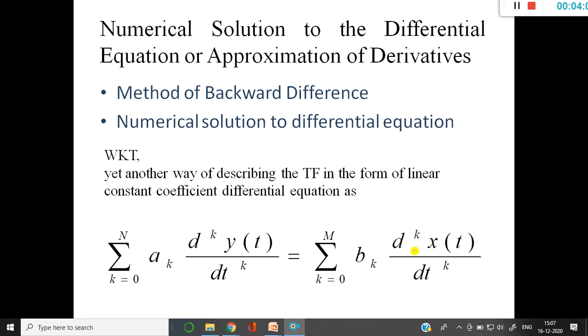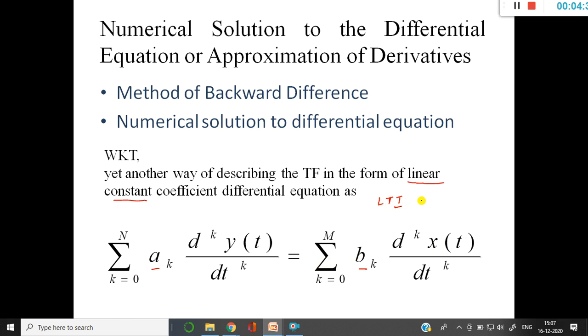We are already familiar with these kinds of equations from signals and systems to represent an LTI system. That's why we call it linear constant coefficients, where a_k and b_k are the coefficients of the differential equations. So this is how we represent our LTI system.